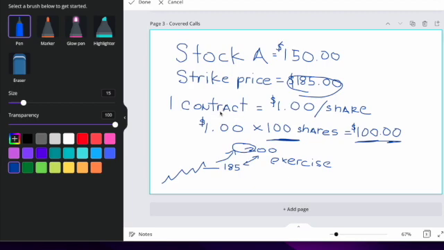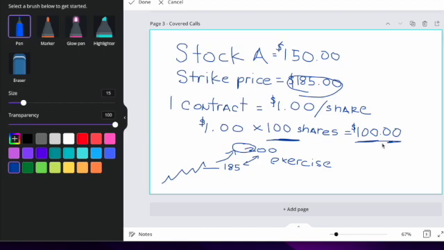In this instance, one contract is selling for $1 per share. But because we know that each contract has 100 shares inside of it, we have to multiply the $1 per share in this example by 100 shares, giving us a total cost of $100 per contract.